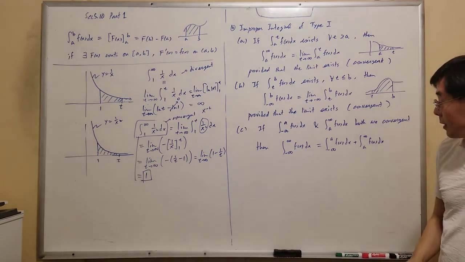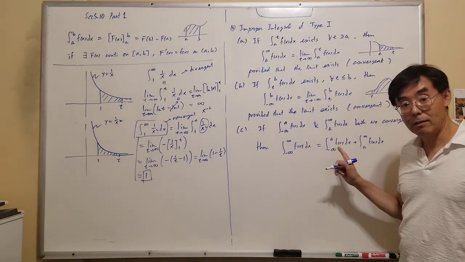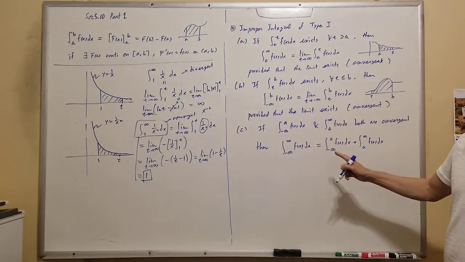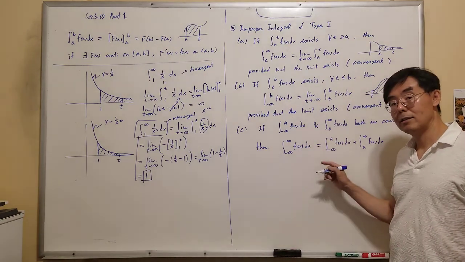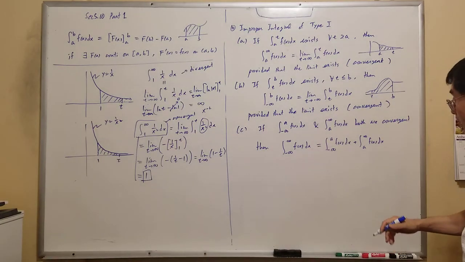Okay? If both of them are well defined and convergent, then we say that the improper integral of f of x from negative infinity to infinity will be the addition of these two values. Alright?